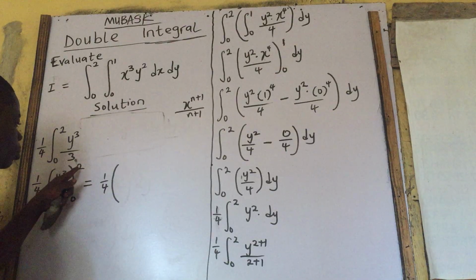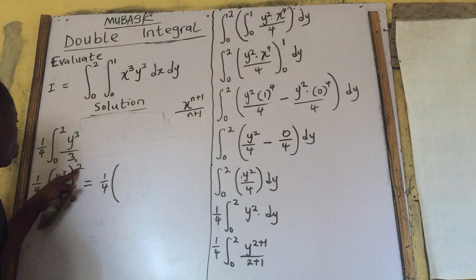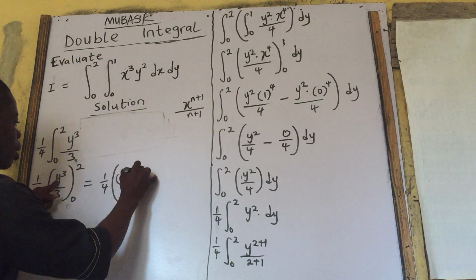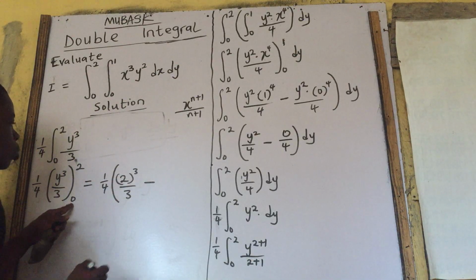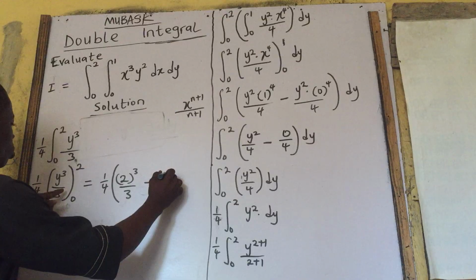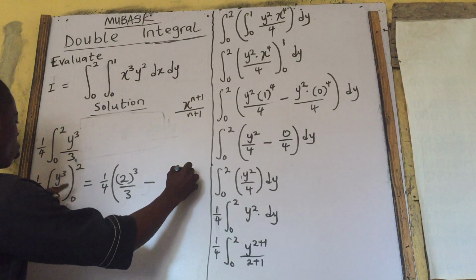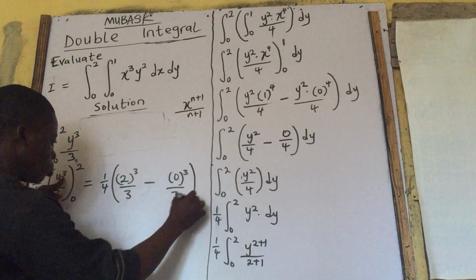So equal to 1 over 4 open bracket. We want to distribute the bound to it. From the upper bound, 2. By substituting y equal to 2, we have 2 in bracket raised to power 3 divided by 3, minus the lower bound 0. Whenever we see y, we substitute 0. Open bracket 0 raised to power 3 divided by 3 close bracket.